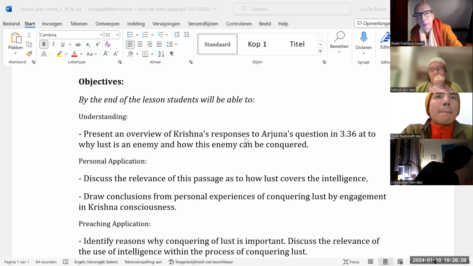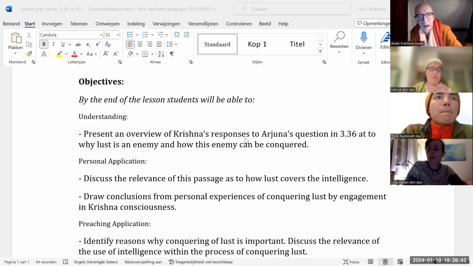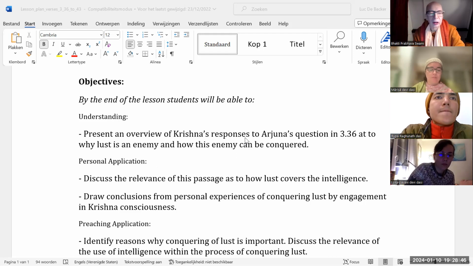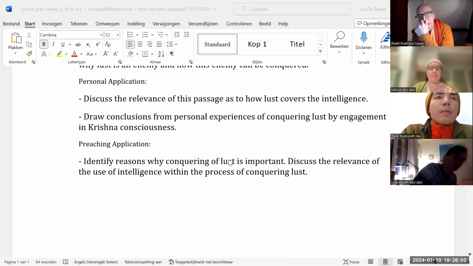And then personal application. Discuss the relevance of this passage as to how lust covers the intelligence. Draw conclusions for personal experience of conquering lust by engagement in Krishna consciousness. And then preaching application. Identify reasons why conquering of lust is important.